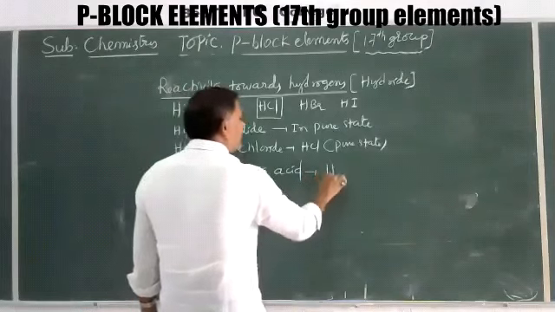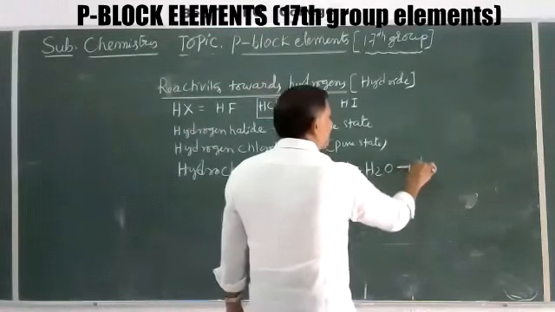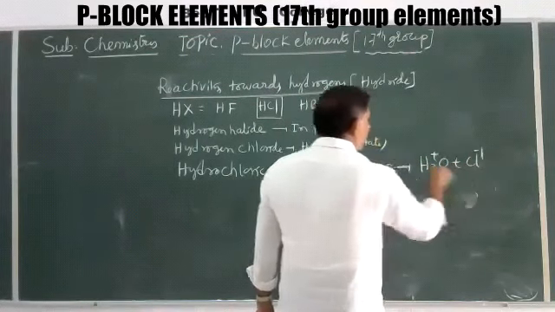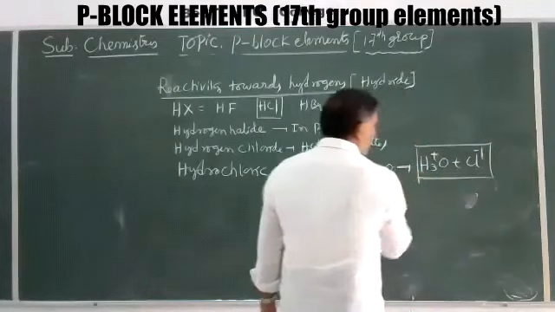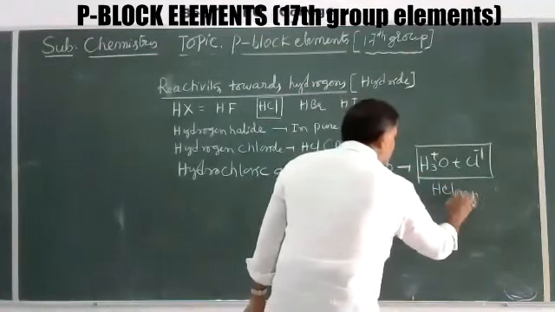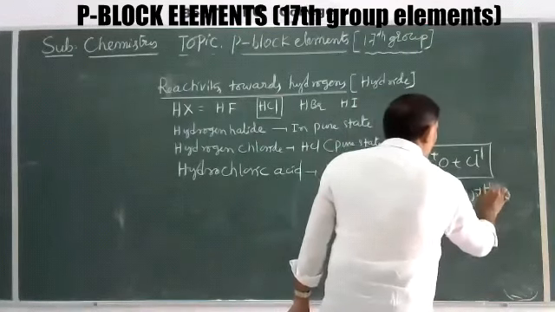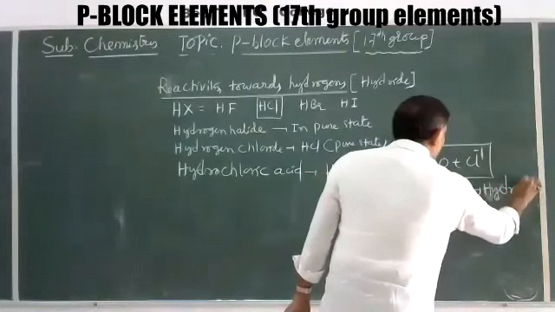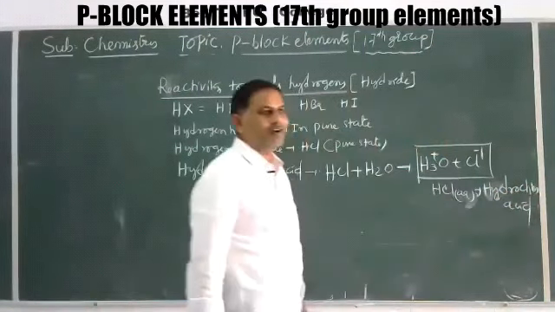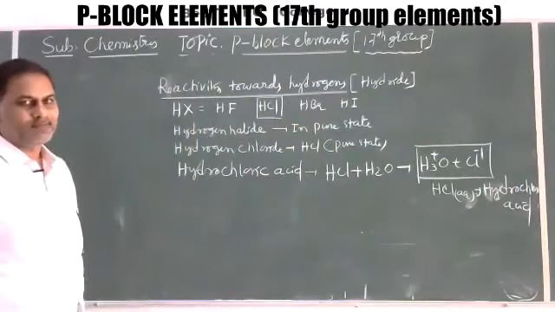When HCl is dissolved in water, it gives H3O+ and Cl-. This combination, HCl in aqueous medium, is called hydrochloric acid.